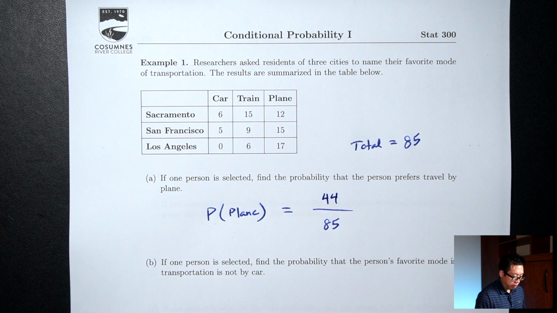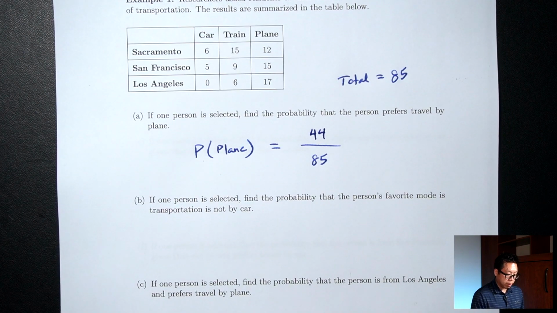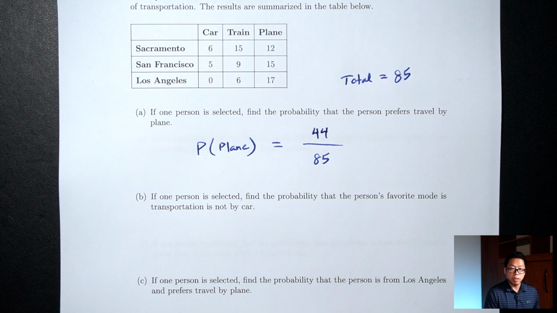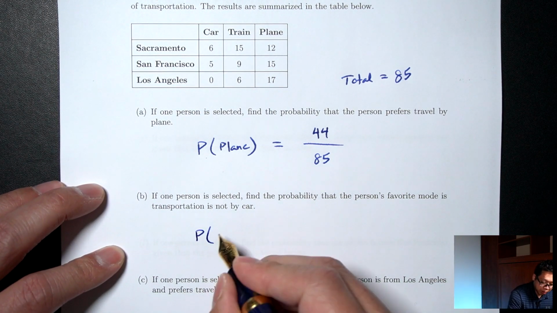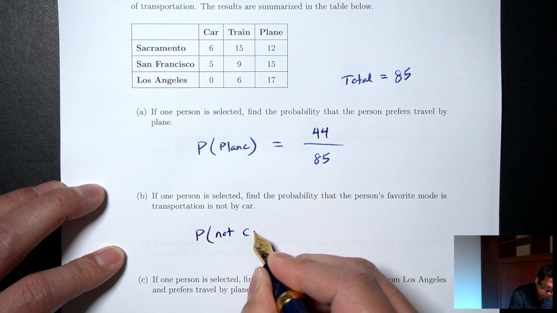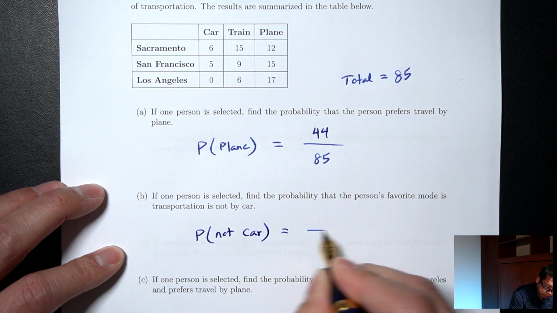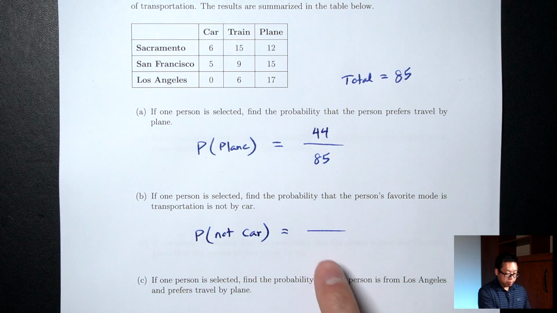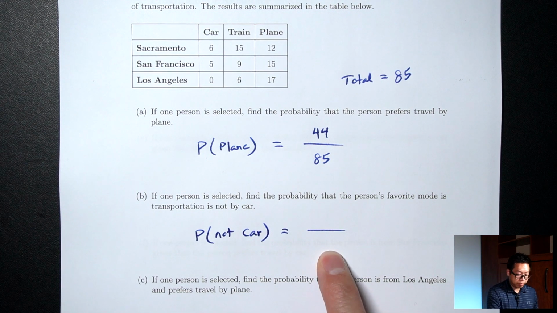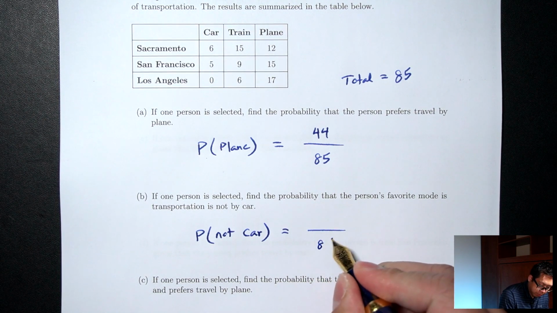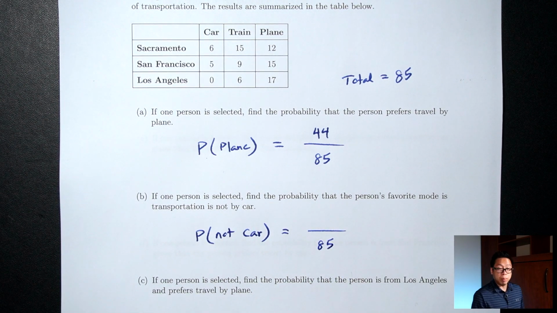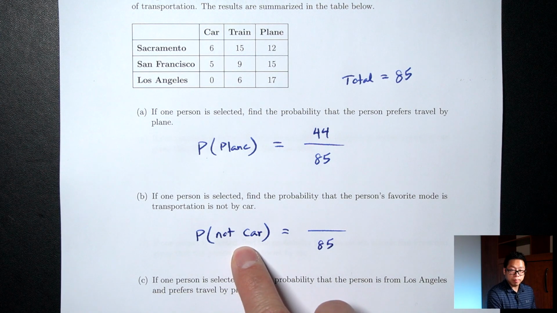Part B. If one person is selected, find a probability that the person's favorite mode of transportation is not by car. In symbols, I'm looking for the probability of getting someone who is not car. The bottom, how many different people can I pick from? That's going to be the total, 85. And for the top, how many people are not car?